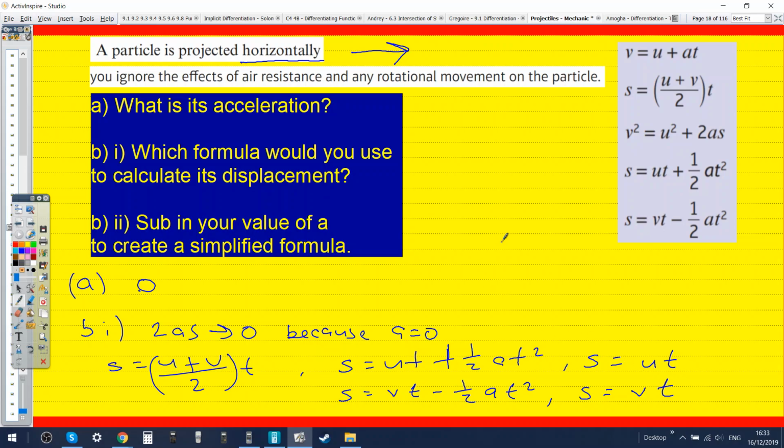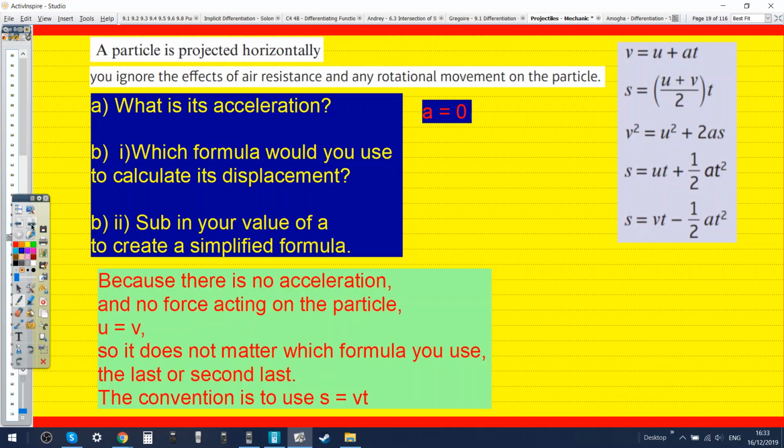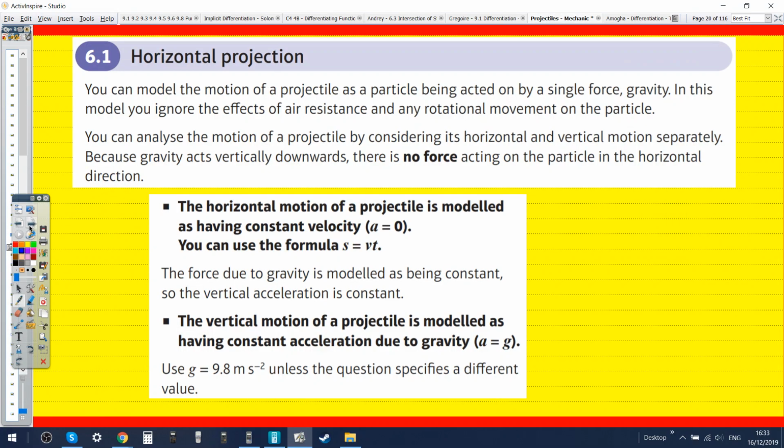Basically, if it has no acceleration, then its initial velocity is going to be the same as its final velocity. It won't speed up or slow down, so u and v are the same. We tend to use this one, s equals vt. If it's projected vertically, the thing you always know is that a will be minus 9.8. If it's projected horizontally, you can use s equals vt. Okay, so there we are, horizontal projection.